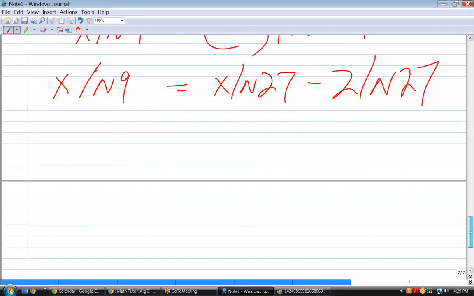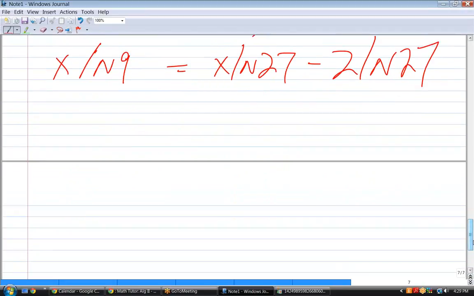Now what's the next step from an algebra point of view? Subtract or add 2 natural log 27 to both sides.